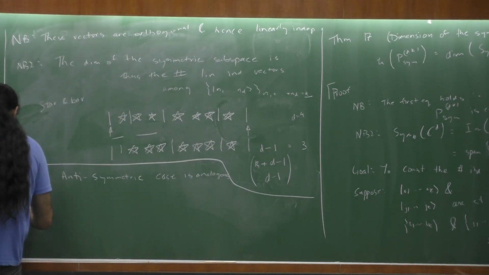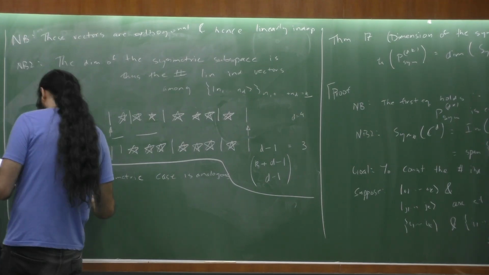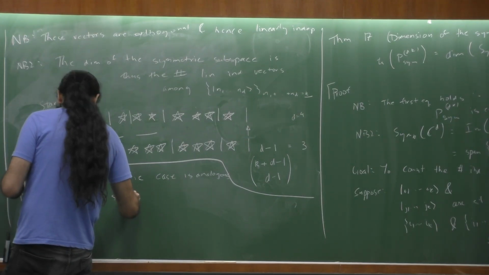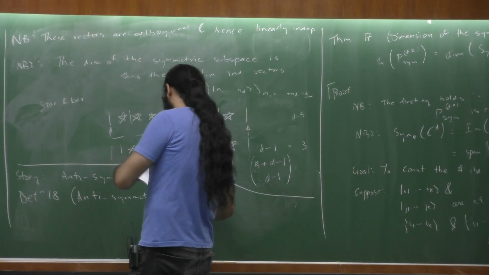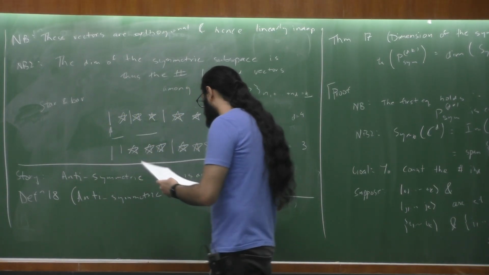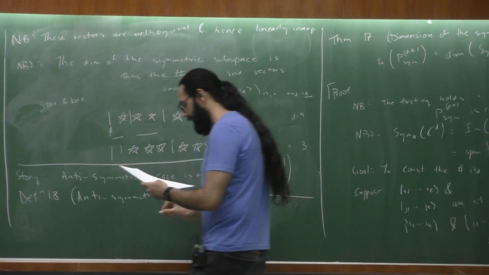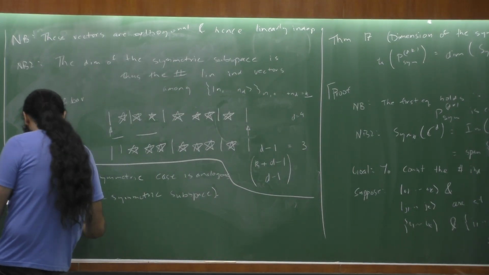So what is the definition of the antisymmetric subspace? It's the following set.